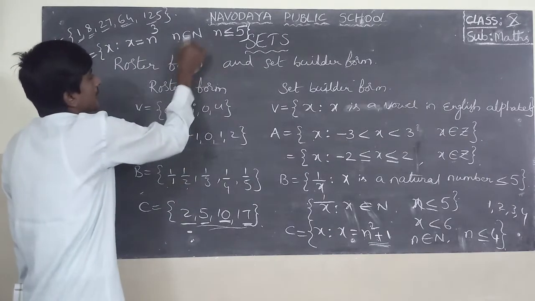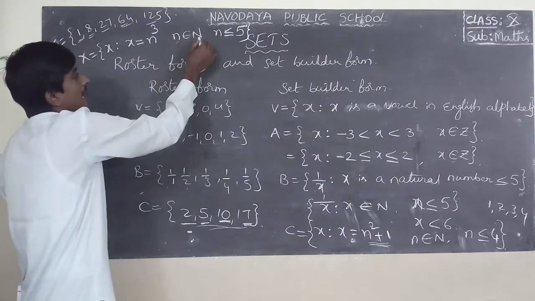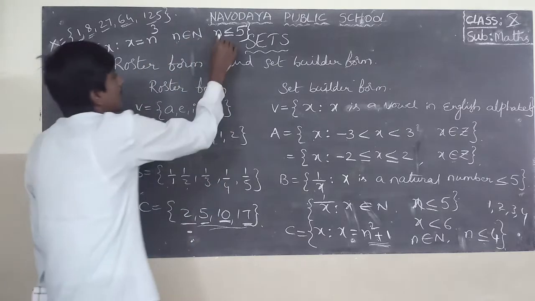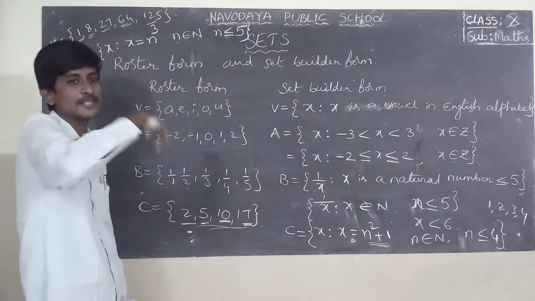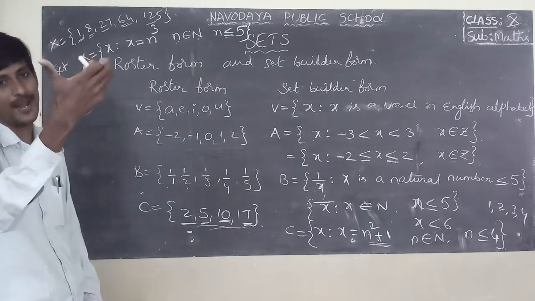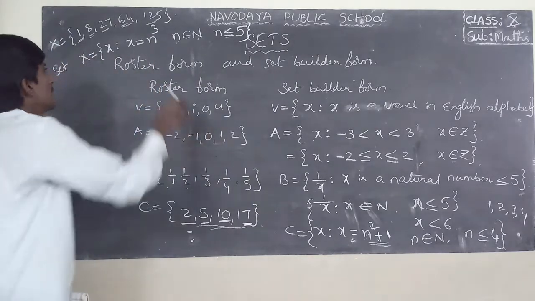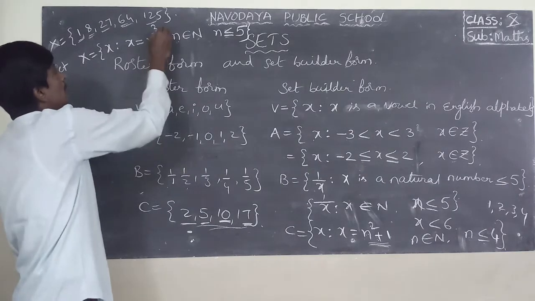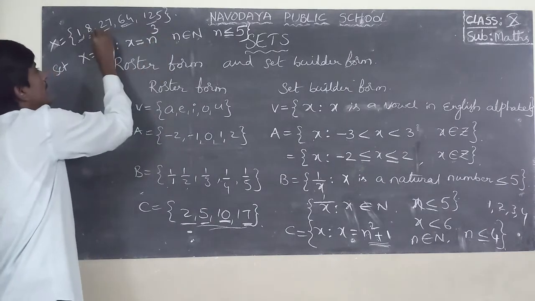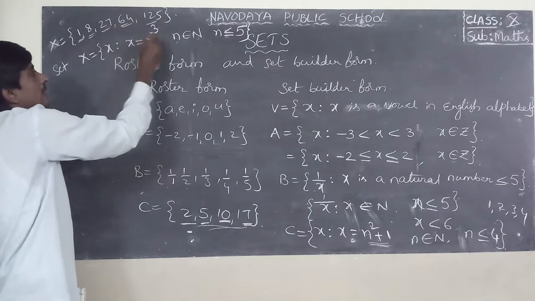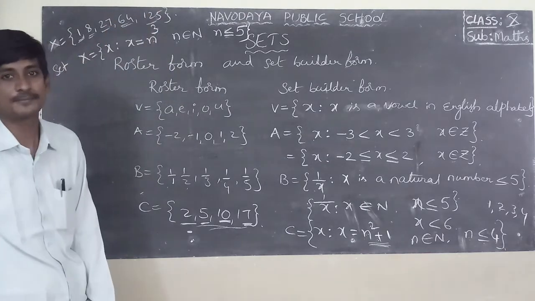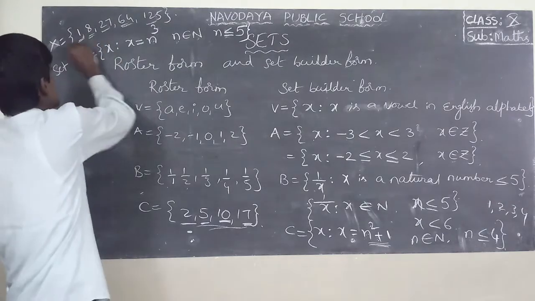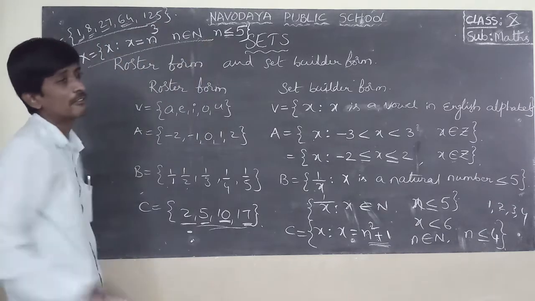n belongs to N, n is taken from the natural number set, n less than or equal to 5. Natural numbers less than or equal to 5 means 5, 4, 3, 2, 1. These 5 you will take and substitute: 1 cube is 1, 2 cube is 8, 3 cube is 27, 4 cube is 64, 5 cube is 125. This is the roster form and this is the set builder form.